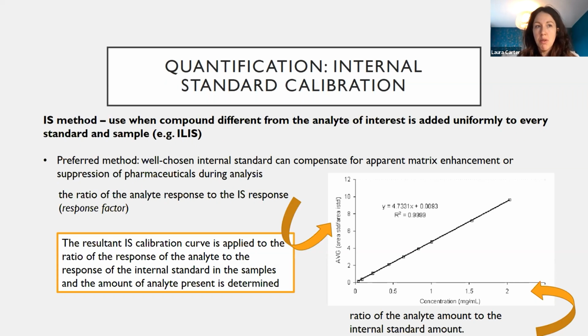Your resulting calibration curve is applied to the ratio of the response of the analyte to the response of the internal standard. Most modern software packages contain algorithms that automate this, but it's important that you check your peaks to make sure that these are integrated properly.